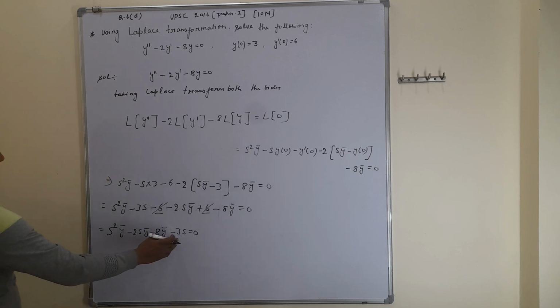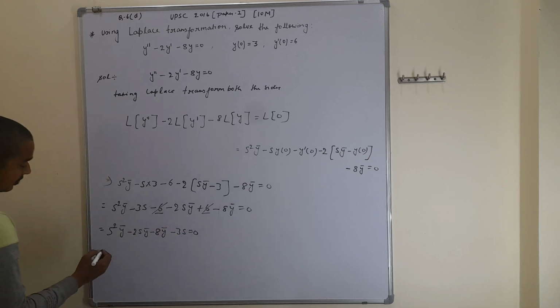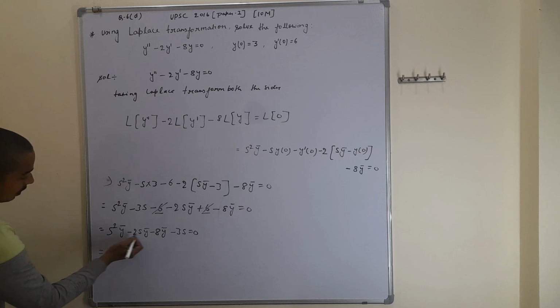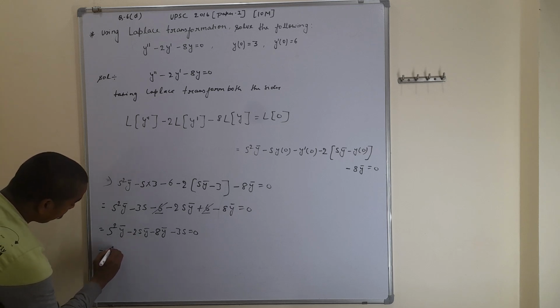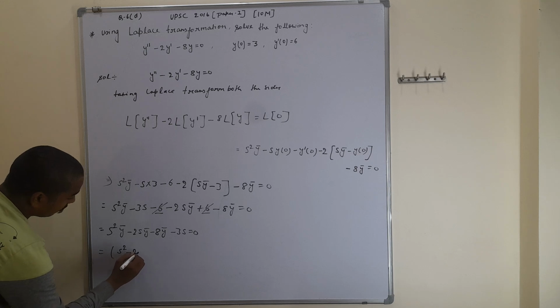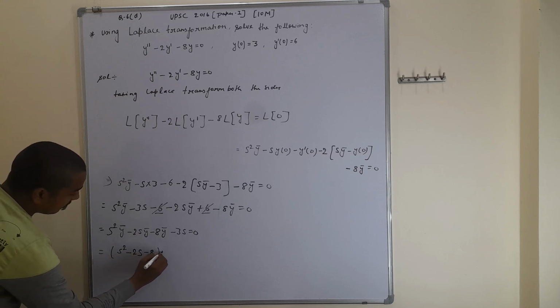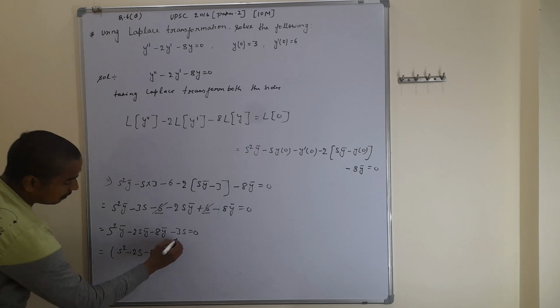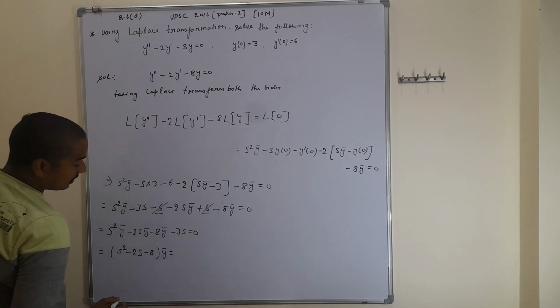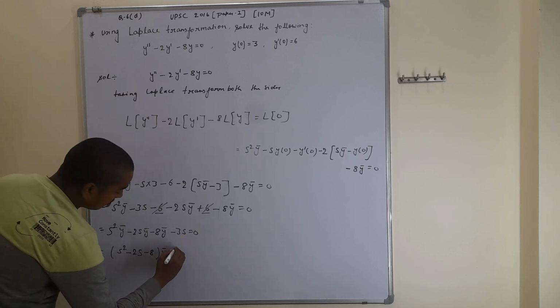Taking 3s to the right hand side and taking y bar common, s square minus 2s minus 8 times y bar is equal to 3s.